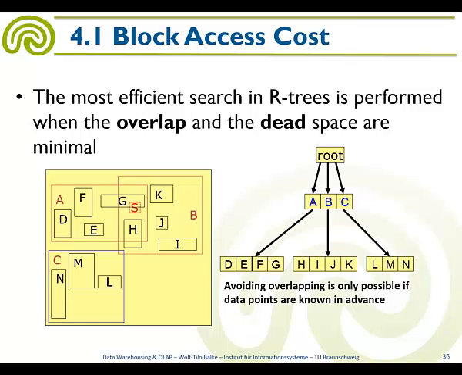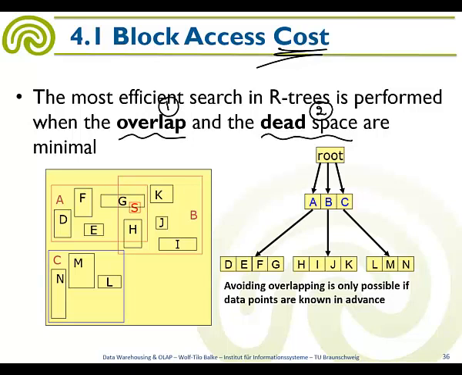So if we start looking now at what the cost actually depends on, the efficiency of the tree depends on the cost of accessing the blocks. And you surely know by now that there are two big factors here, which are the overlap and the dead space.